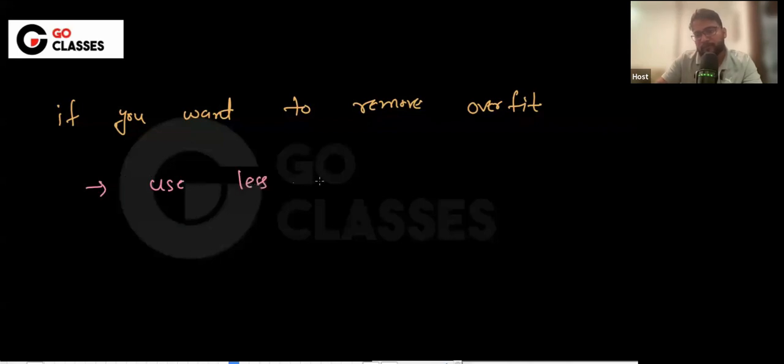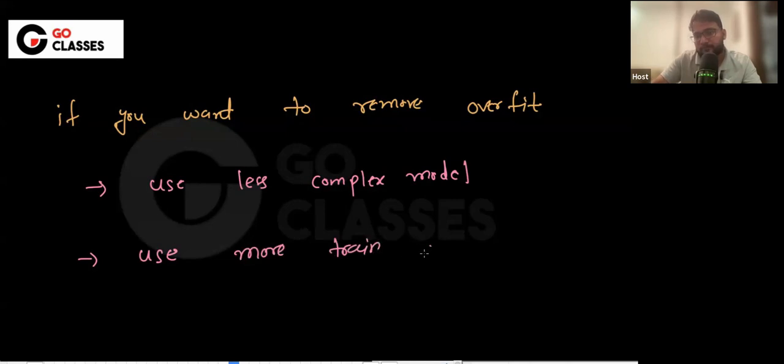That's what we have seen. What could be the second way based on the data? Use more data or less data? What do you think if you want to remove overfit? Use more data, right? Use more training data. Okay, you can say it in these words also. That's also very good understanding.